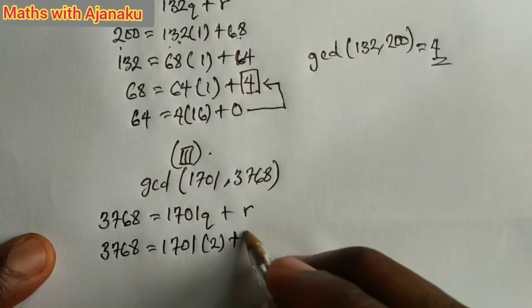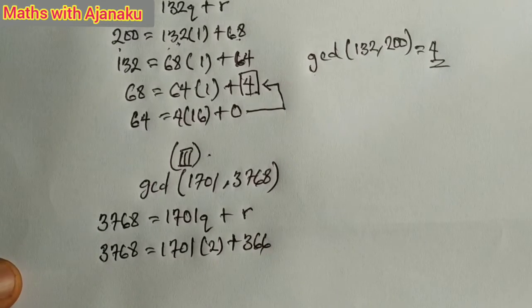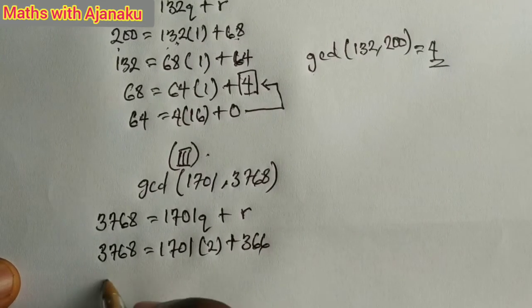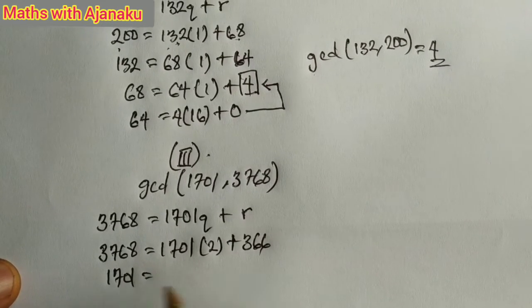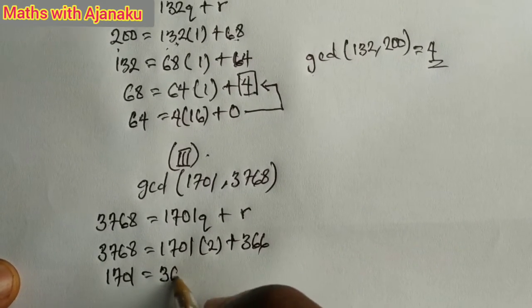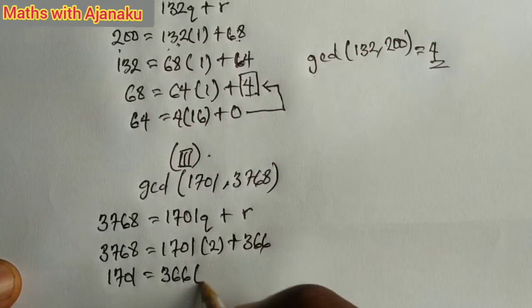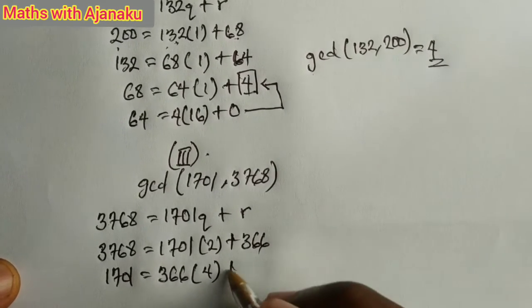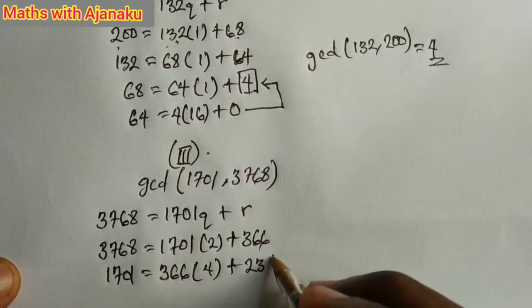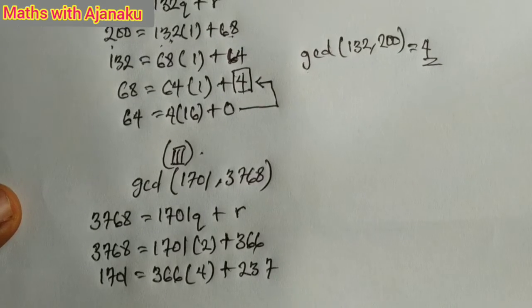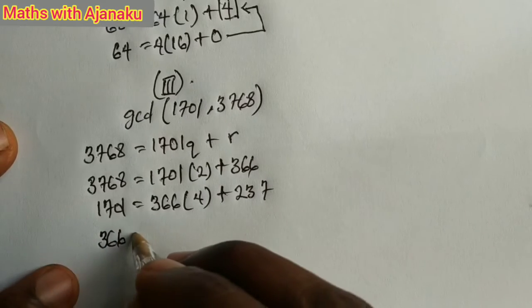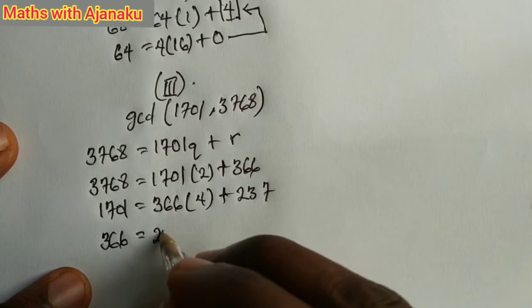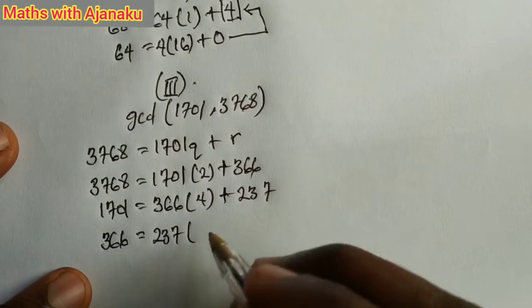remaining 366, and then bring this over here. 1701 will be equal to 366, which will go 4 times, remaining 237. So bring out 366 will now be equal to 237. This will go also once.